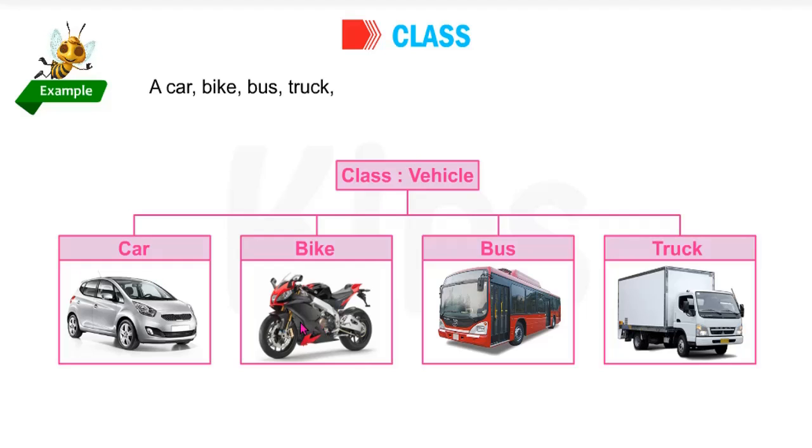Then there is another class called bike. There are electric bikes and petrol bikes. Under electric bikes there are many companies, and petrol bikes have other companies. That all makes one subclass, called bike. The bike class is a subclass of the vehicle class.